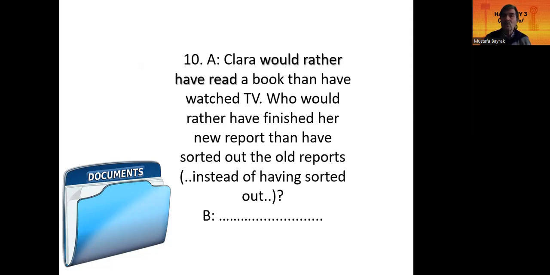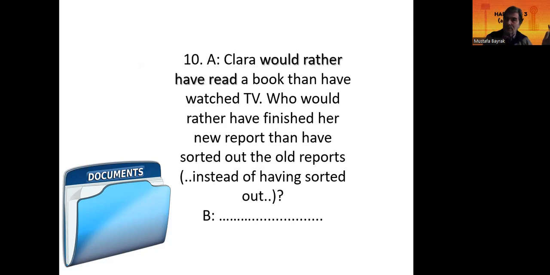Who would rather have finished a new report than have sorted out the old reports? Mahmoud would rather have finished her new report than have sorted out the old reports. But unfortunately, he sorted out the old reports.